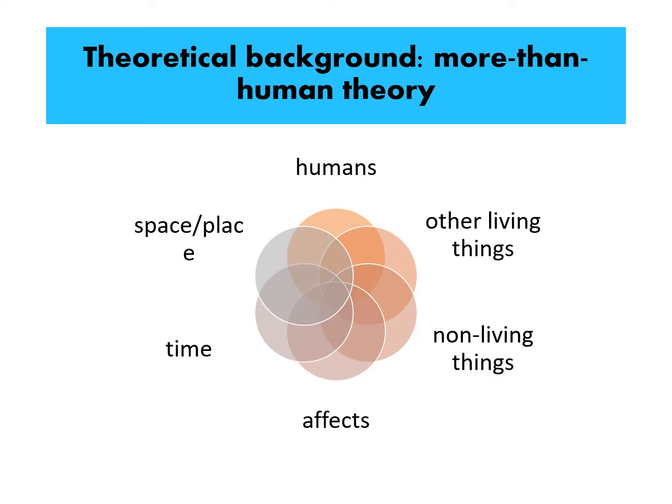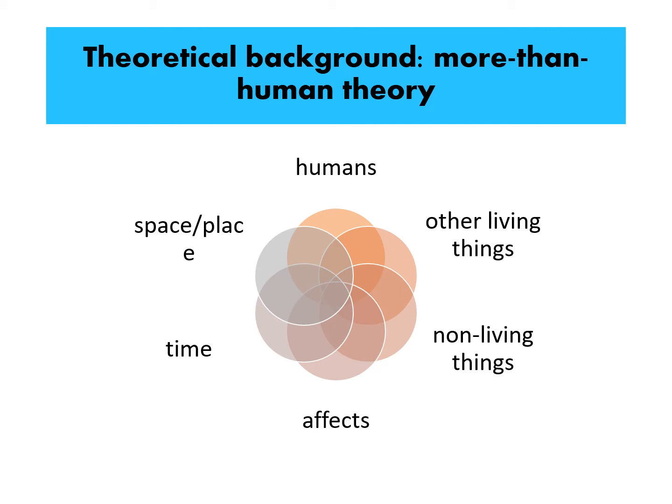The theoretical background that underpinned this project and the analysis of the maps is more than human theory. This theory positions humans as always already more than human. They're constantly interacting with other living things in their environment and their worlds, as well as with humans and with non-living things such as places, spaces, objects.